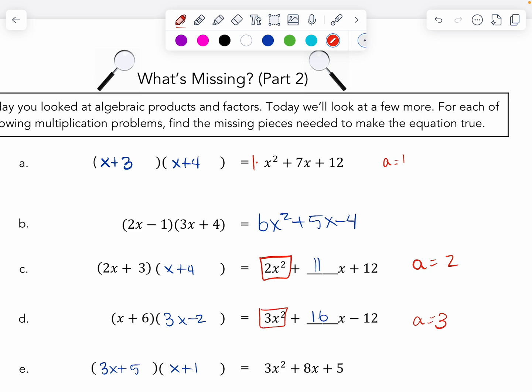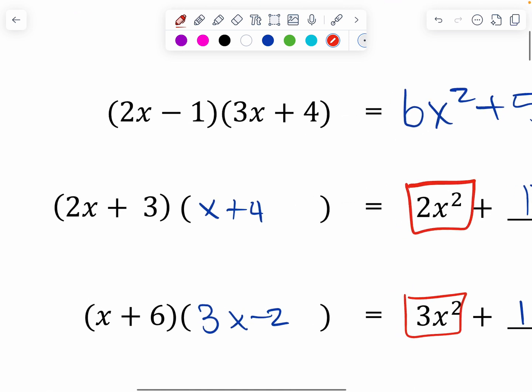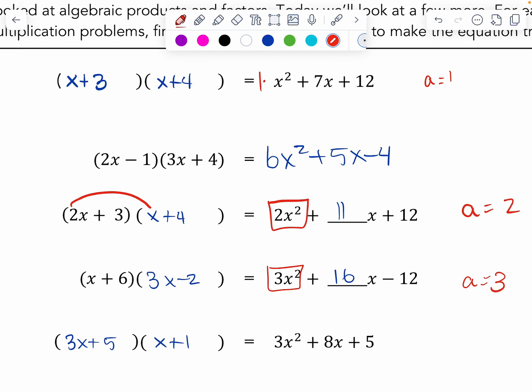So the cool thing that we see is that 2x times x gets you 2x squared. But then we know that we have this number 12. And if you're given 3, you know that 3 has to multiply by something to get to 12, which is how you can get 4.